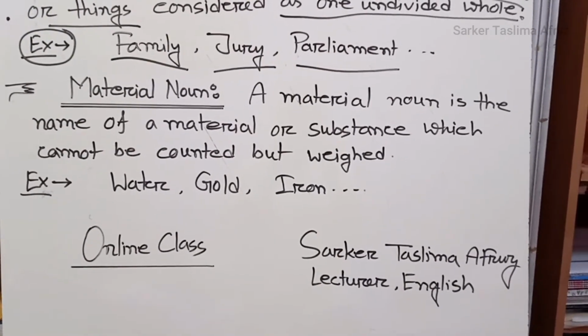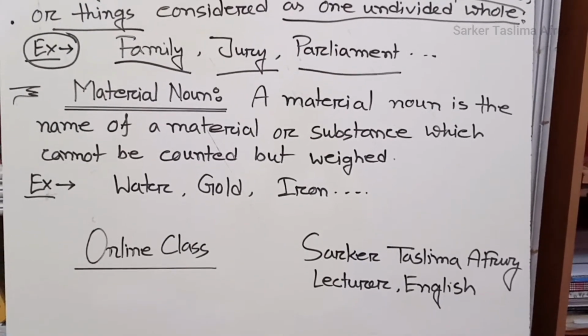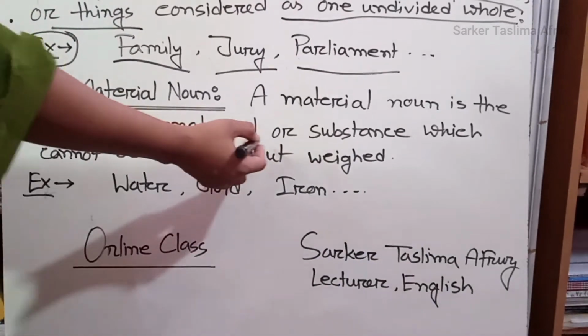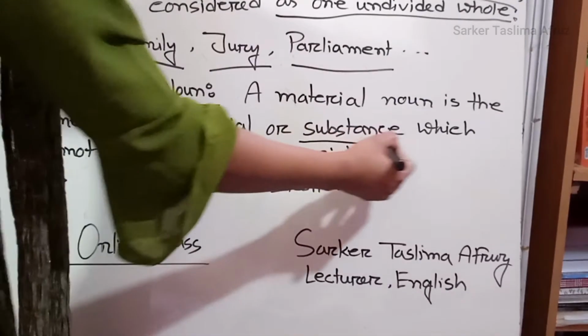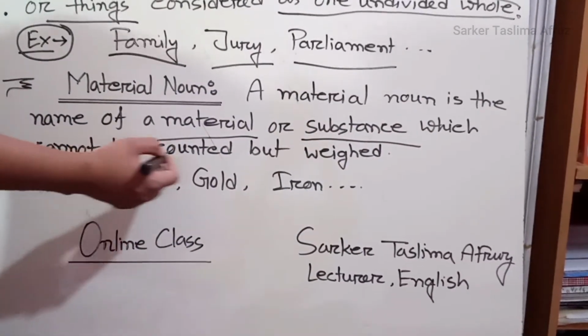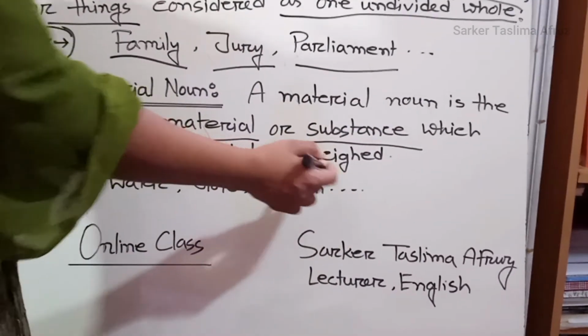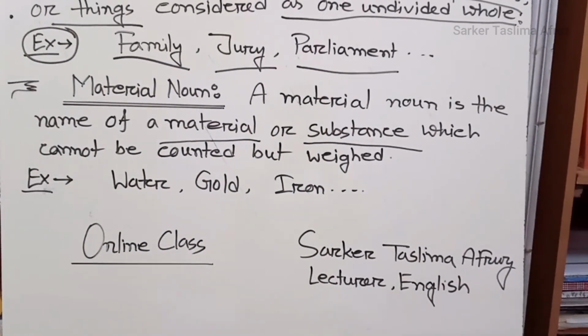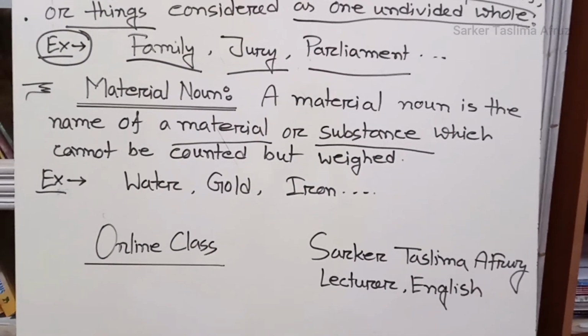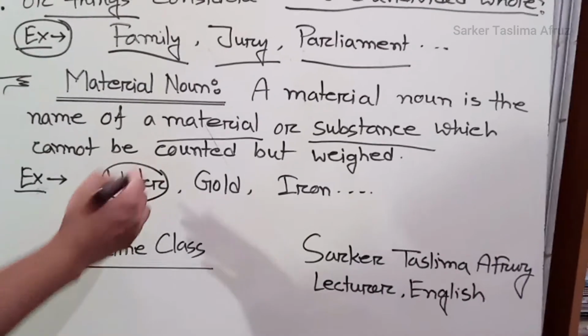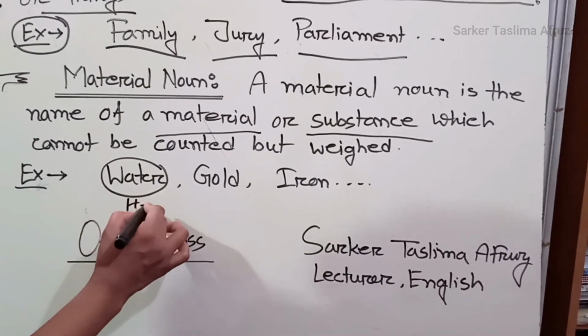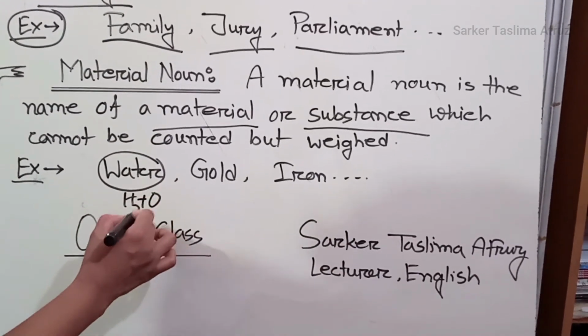Next comes material noun. Well, a material noun is the name of material and substance which cannot be counted but weighed. So if we talk about water, here we will find hydrogen and oxygen, right?